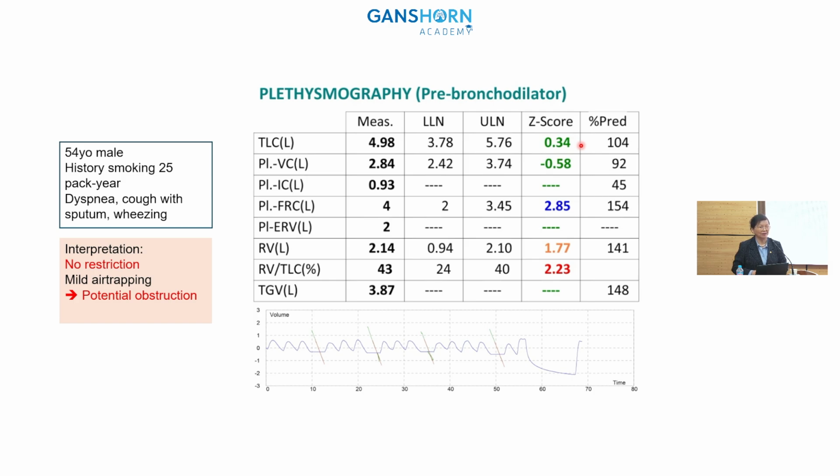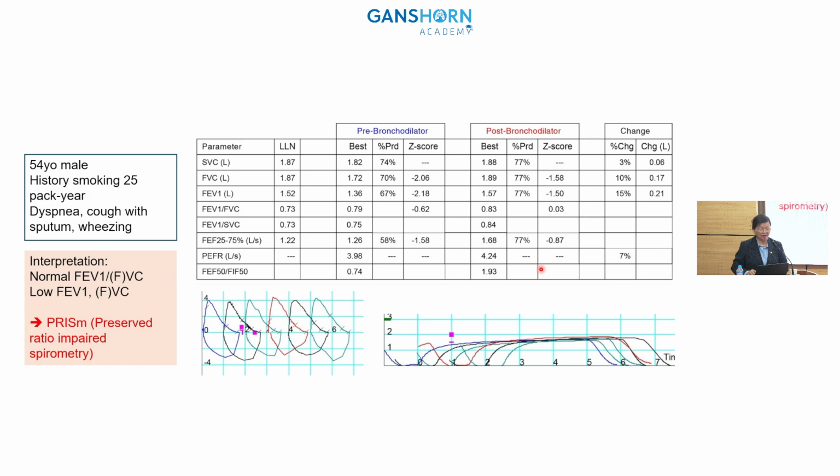So remember that restriction has to be based on the box, not on the spirometric test. And there is also air trapping there, so it is potential obstruction. We cannot see it on the spirometric test. We just see normal, no obstruction.